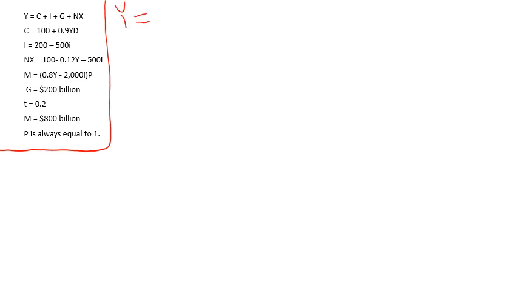Y is equal to C autonomous plus I autonomous plus G autonomous plus X autonomous minus, and here's that term which will include the summation of two terms containing the interest rate.